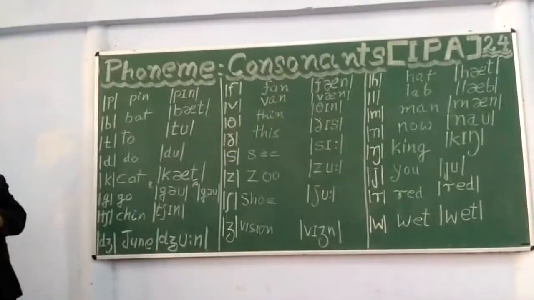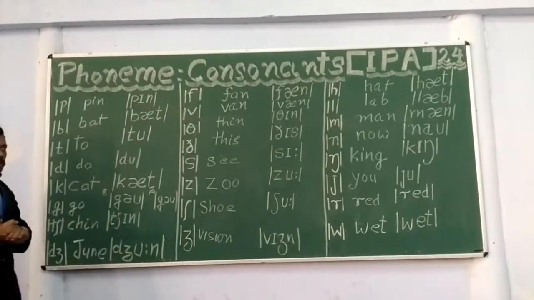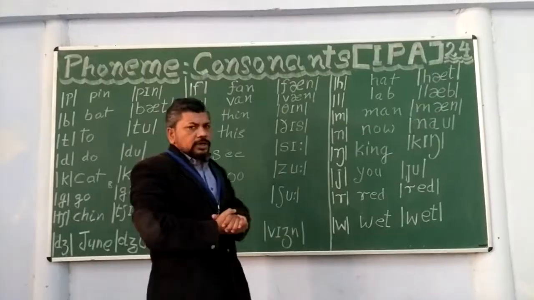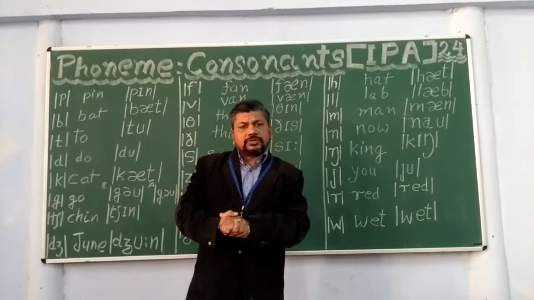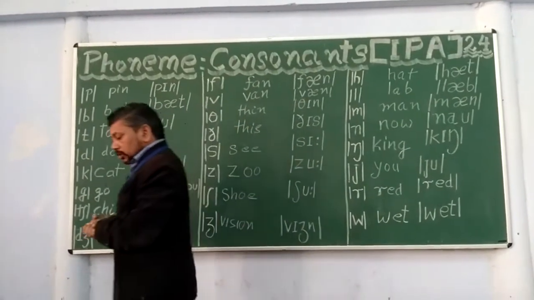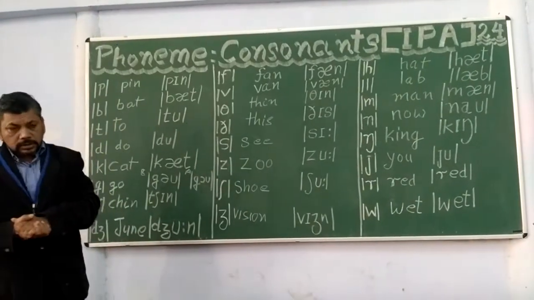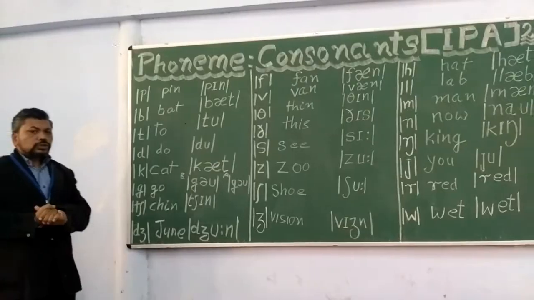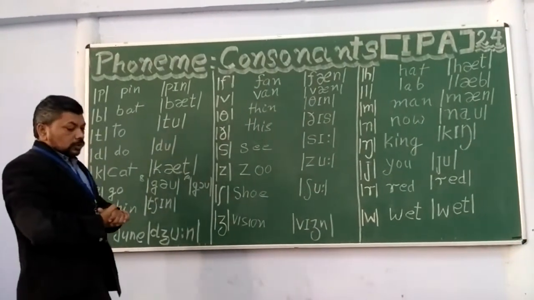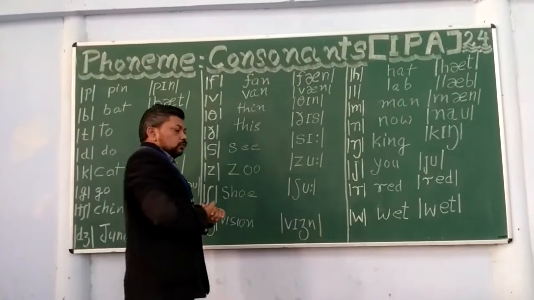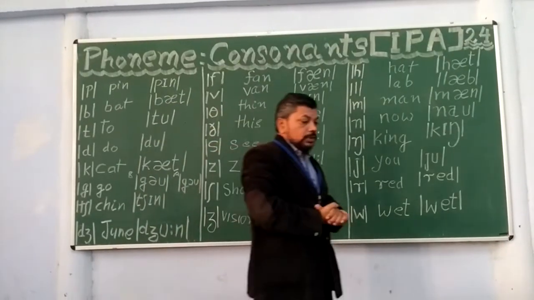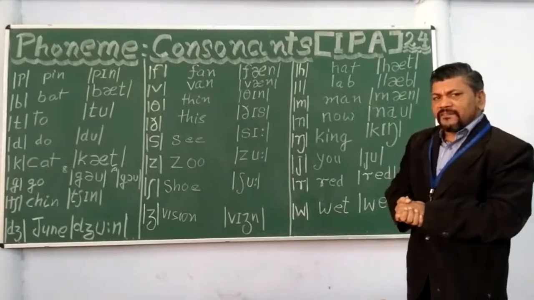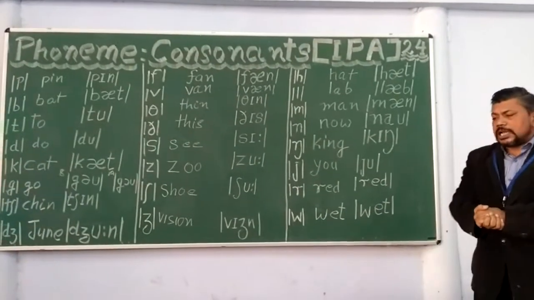These 44 sounds are subdivided further into vowels and consonants: 20 vowels and 24 consonants. Those 20 vowels were again subdivided into two categories, namely monophthongs and diphthongs, or diphthongal glides.